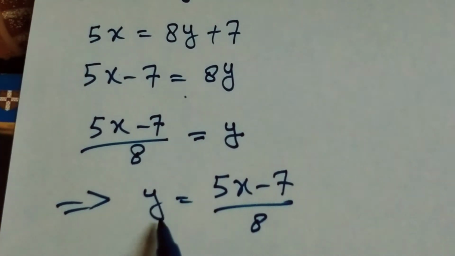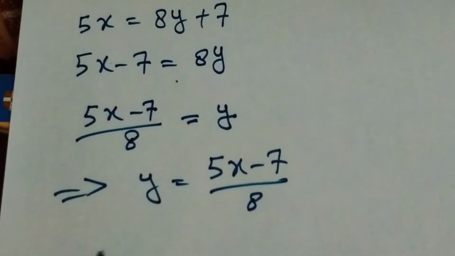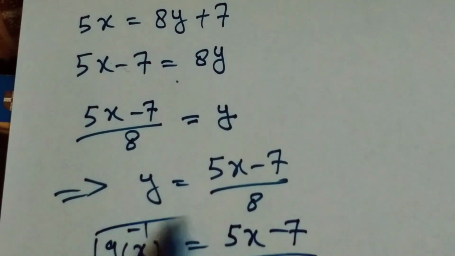Now y we will replace here. Here it was equal to g of x, so it will now be g inverse of x equals (5x minus 7) over 8.